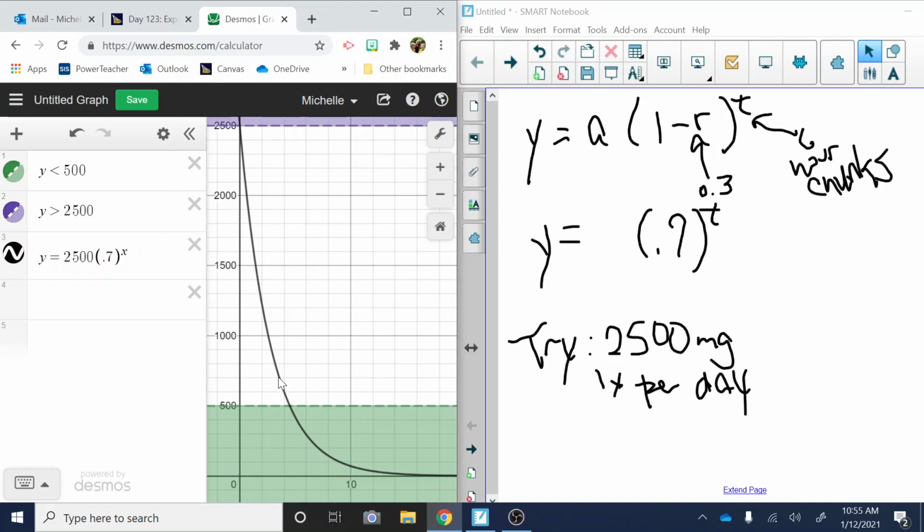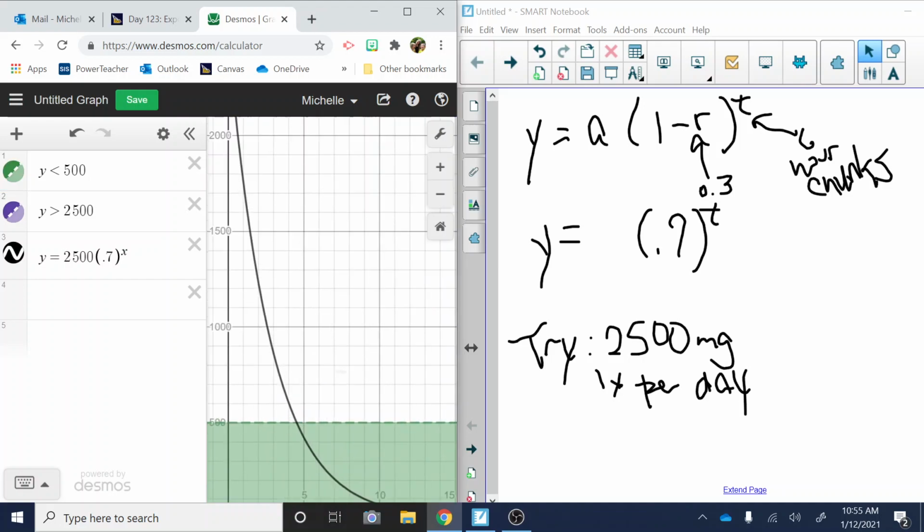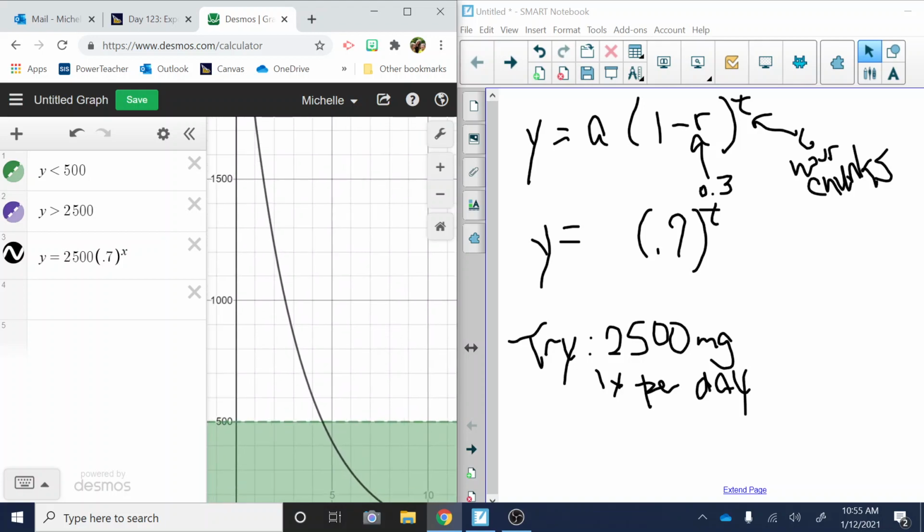Now, if I'm going to take this once a day, that would mean my next dose would come at the 4 on my x-axis. Why would that be? Remember how big of chunks I'm looking at here for time?